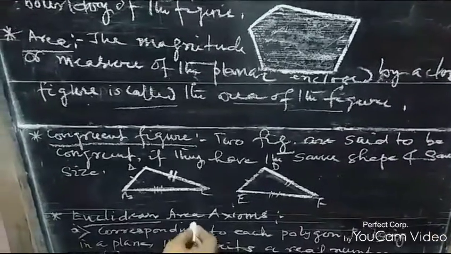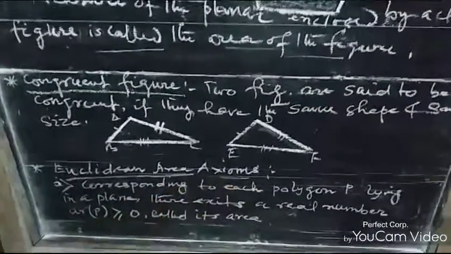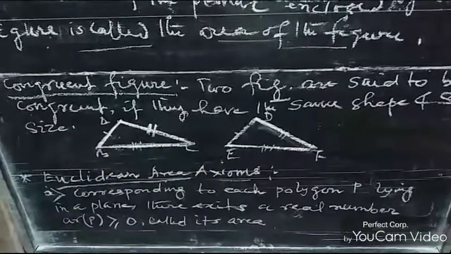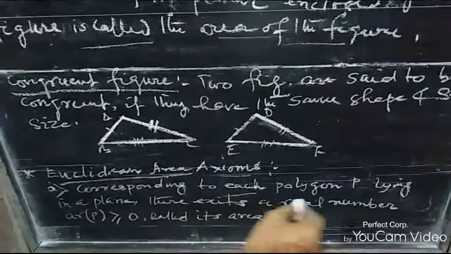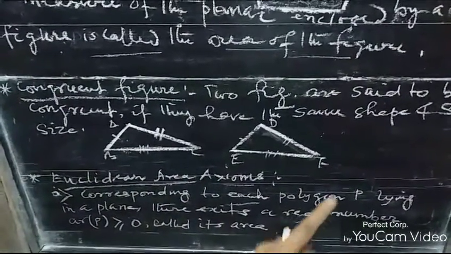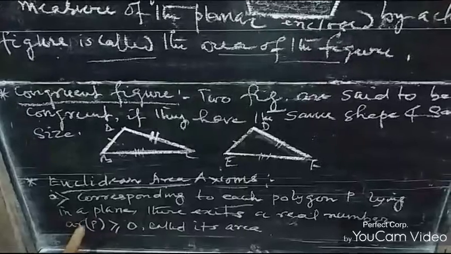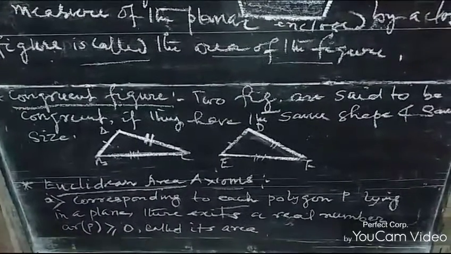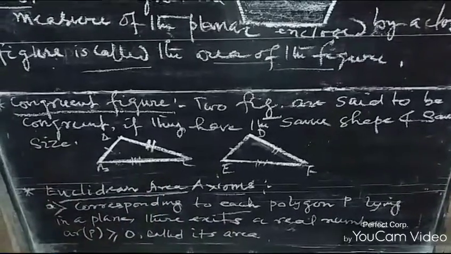Next term, the Euclidean area axioms. We need to understand what those are. Corresponding to each polygon P lying in a plane, there exists a real number, area P, which is greater than or equal to 0, and that is called its area.